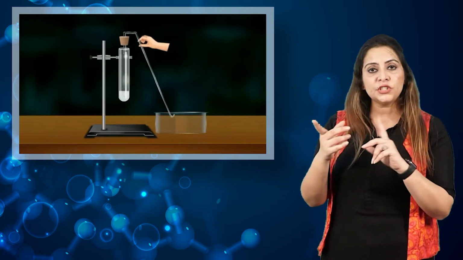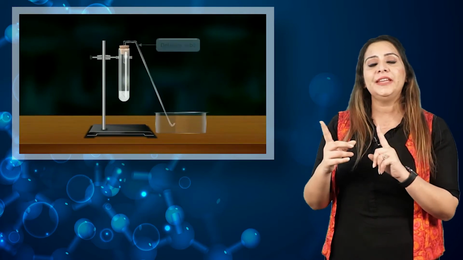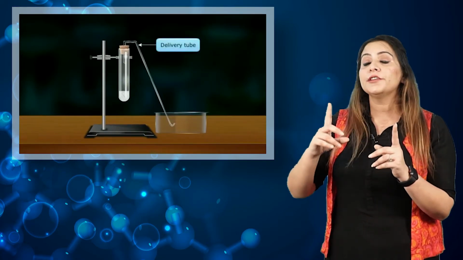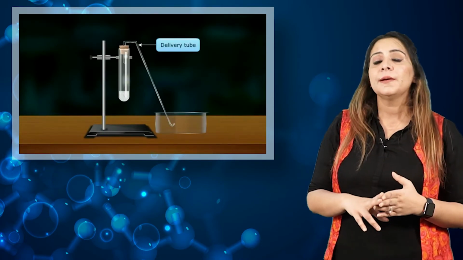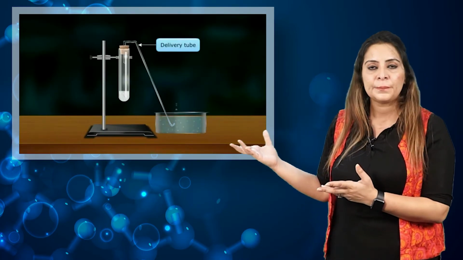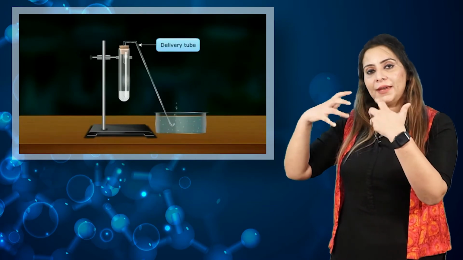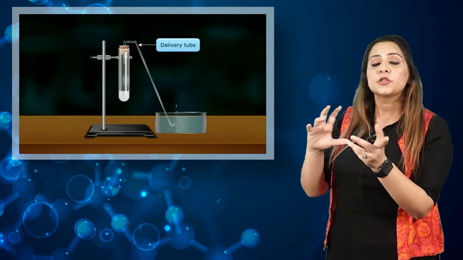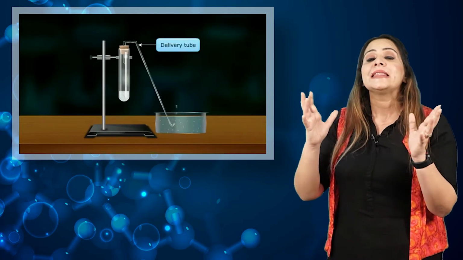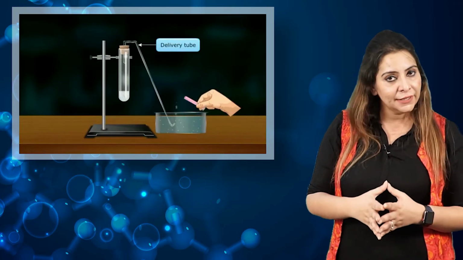So a change in color can be one of the identifying features which shows that a chemical reaction takes place. The second is heat changes, because heat may be absorbed or evolved as a result of a chemical reaction. So heat changes also show that a chemical reaction has occurred.